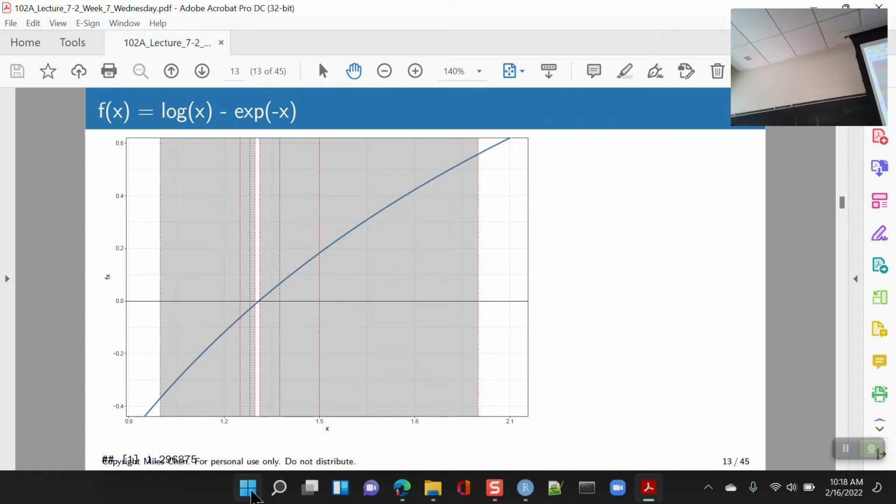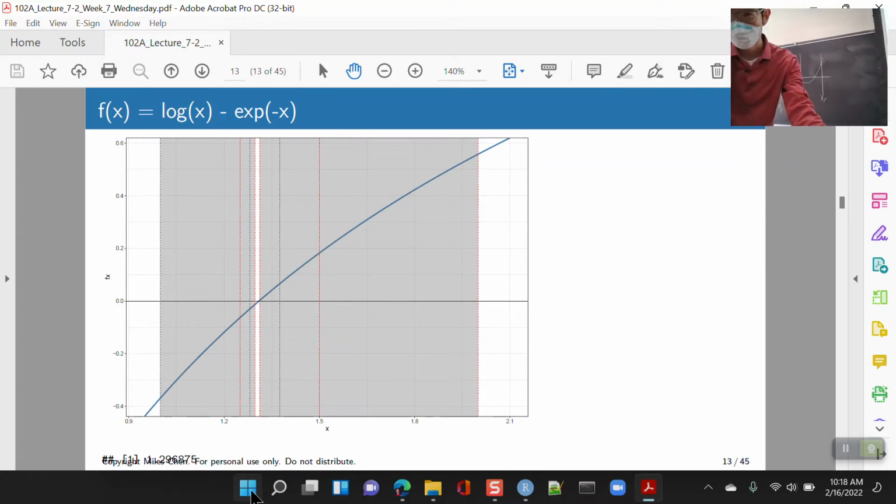And as far as the method is concerned, if this is x at the midpoint, it's just going to say this is negative, and it's not going to bother. It's just going to throw this away.